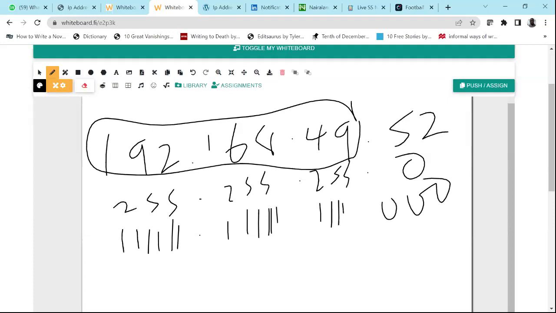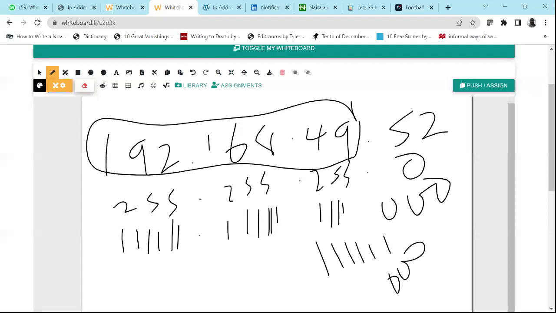If you want to create more subnets, you have to borrow ones. If you want to create more hosts, you have to borrow zeros. I will show you what that means when we start the subnetting. So ones will give you more subnets, zeros will give you more hosts.